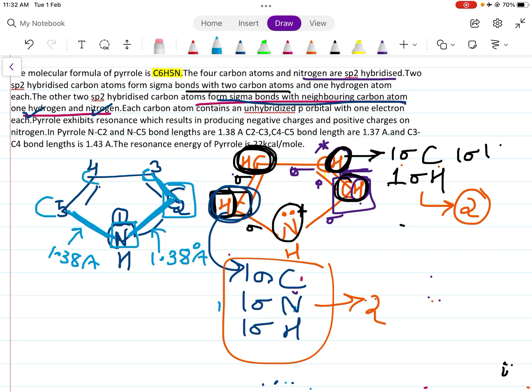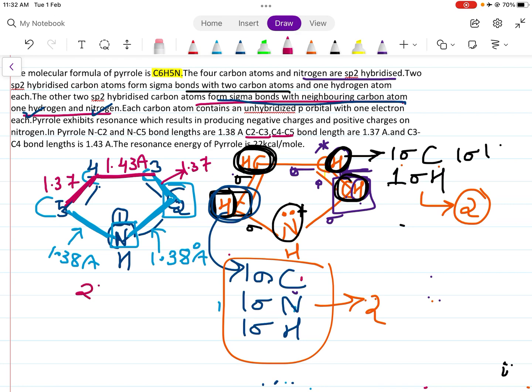So I have done the numbering. C2 with C3 bond length will be 1.37. Then C4 with C5 will have a bond length of 1.37, and C3 with C4 will have a bond length of 1.43 angstrom.